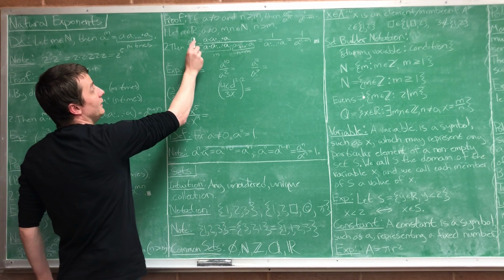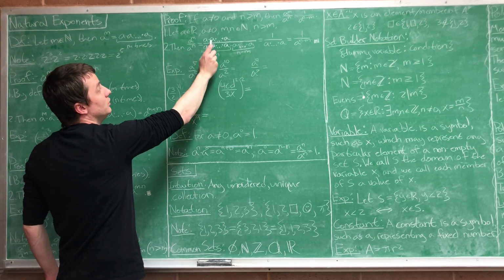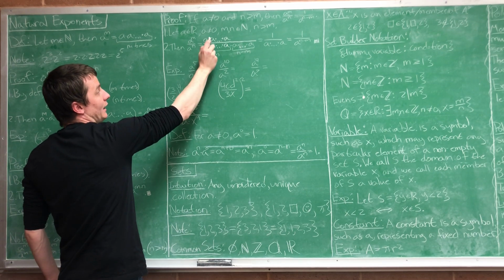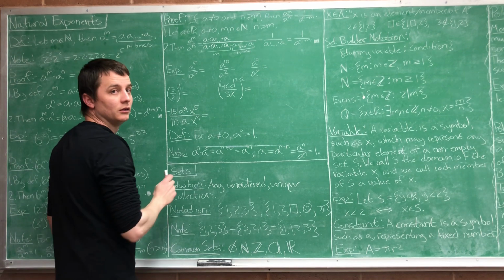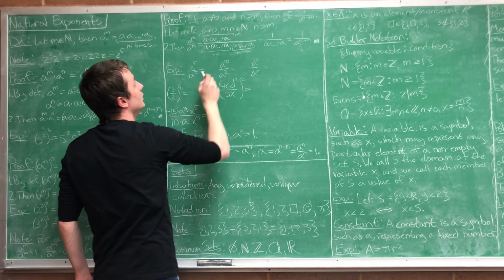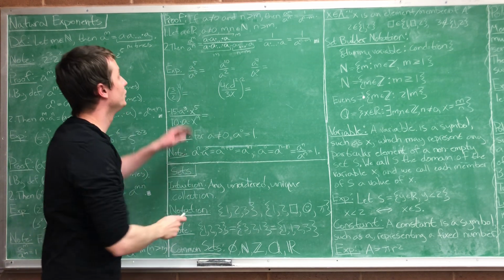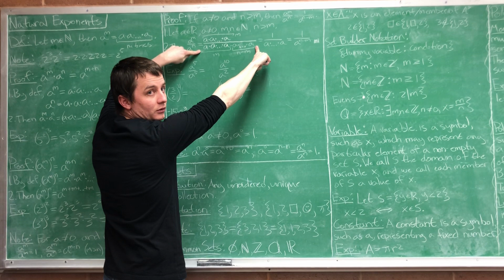2. Then a to the m over a to the n is equal to a to the m, that's the same thing as a times a times a times a times a, m times, right? So we have m of them up here. There's m. And in the denominator, we have a times a times a times a times a, n times.